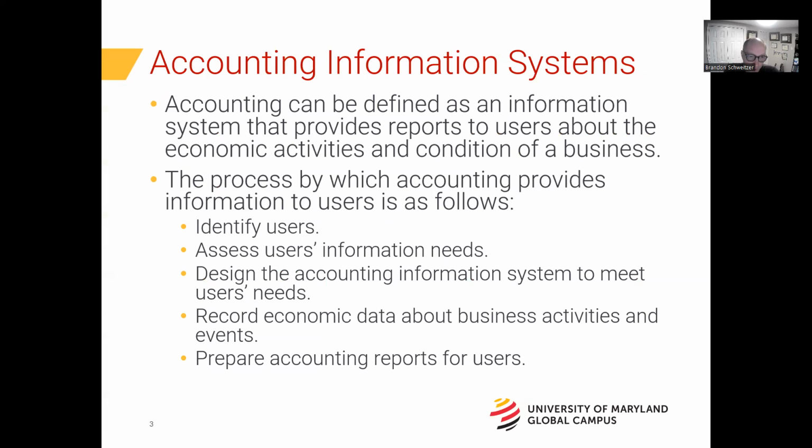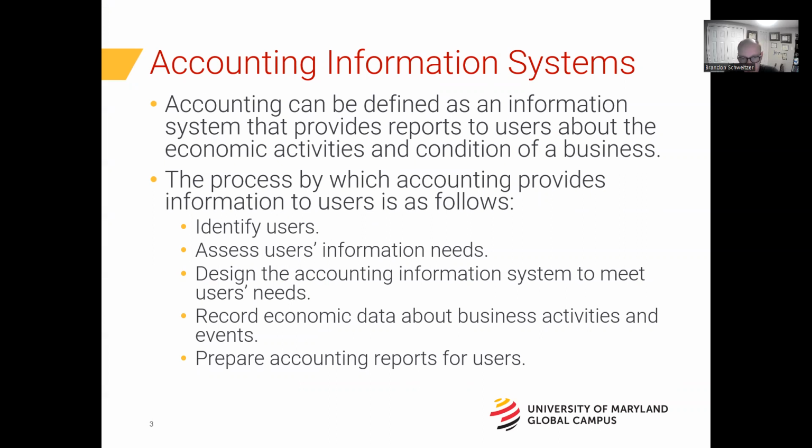And it's important that we follow a process in establishing our accounting information system to best understand what it is that we're looking to get out of the system. So the first and foremost thing we need to do is identify who our end users are and what the needs of those users are. What kind of information are they looking for? We would then design the accounting information system to meet those needs of the users.